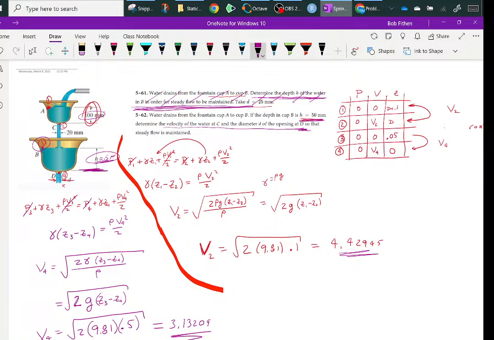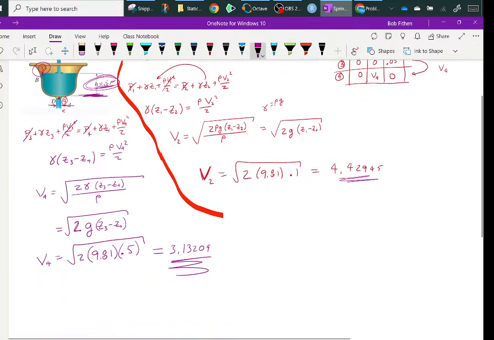See, I didn't read it close enough to realize these cannot be solved at the same time. They're two different problems. So since I've already taken that to be half a meter, looks like I'm working this problem. Okay. Determine the velocity of water at C and the diameter of the opening D so that the steady flow is maintained.